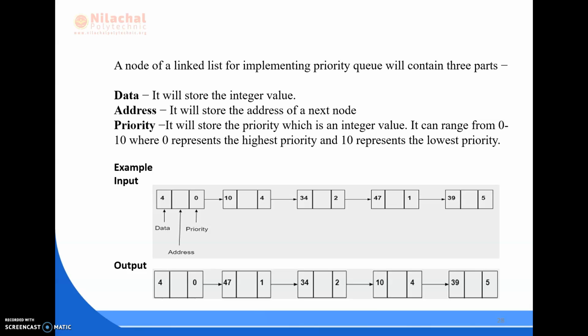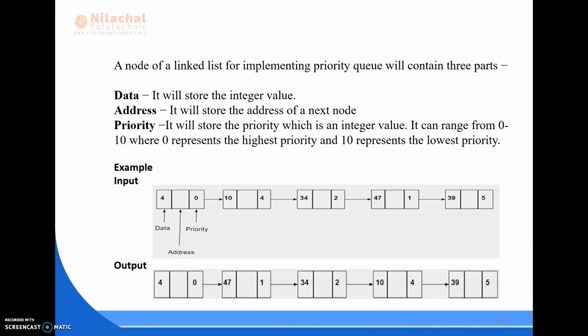The node of a linked list for implementing priority queue will contain three parts. One is the data part, in which it will store the integer value. One is the address part, which will store the address of the next node. And one is the priority part, which will store the priority, an integer value.